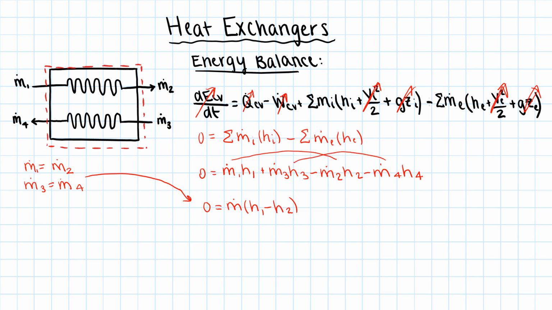So that's going to be m dot 1 times (h1 minus h2) minus m dot 3 times (h3 minus h4).